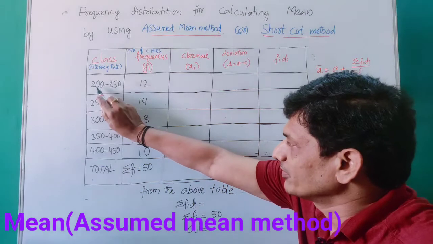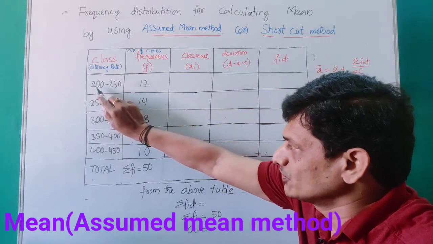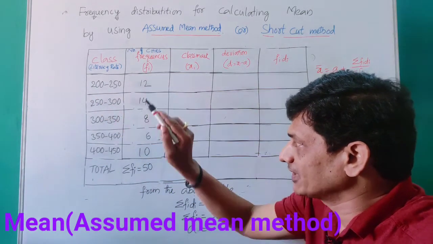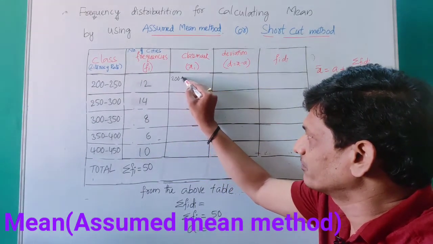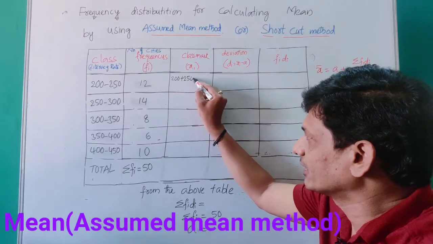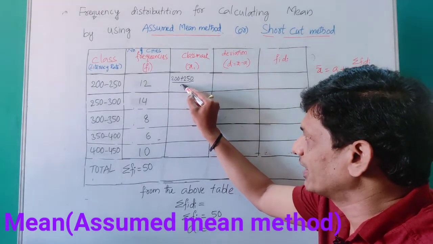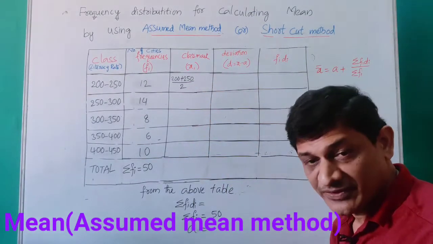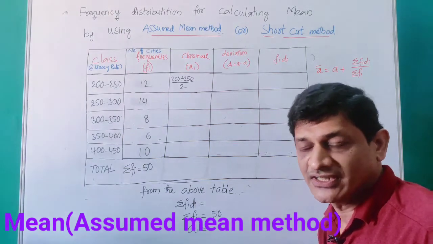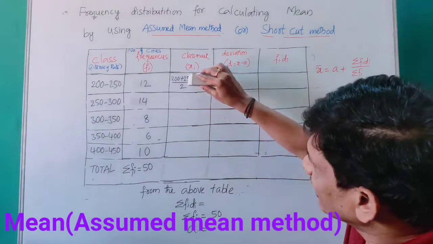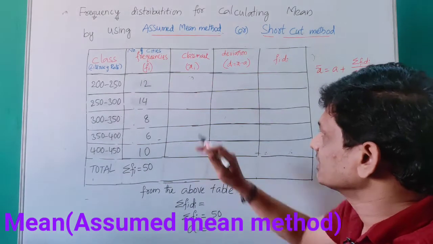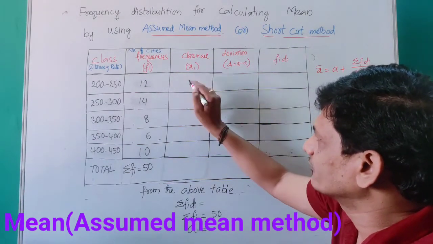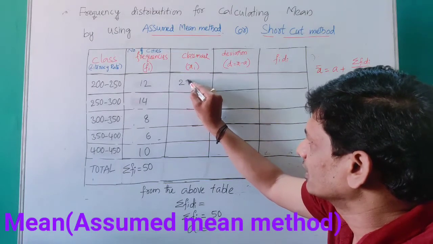Here the lower limit of the first class is 200 and the upper limit is 250. Add them, 200 plus 250, you get 450. 450 by 2 is 225. So directly write that value, 225. That is the mid value of the first class.